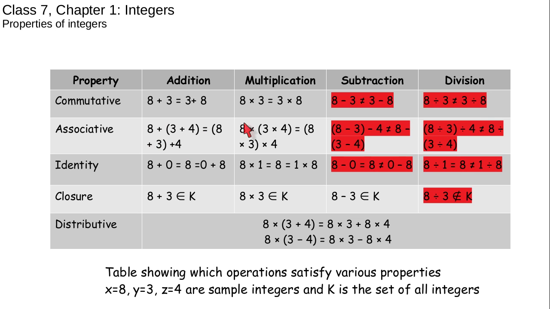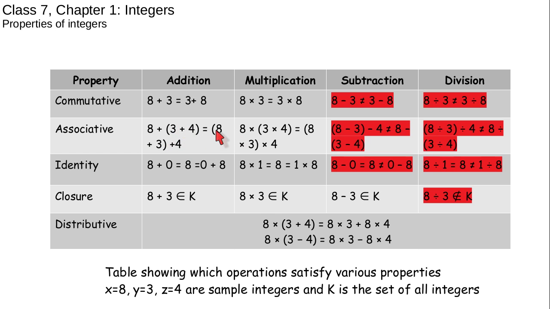Now let's look at associative property. Associative property states when multiple integers are involved, not just two, but more than two integers, even then associating the numbers in certain sequences should still not change the result. So for example, let's take 8 plus 3 plus 4, where 3 plus 4 are placed in brackets.